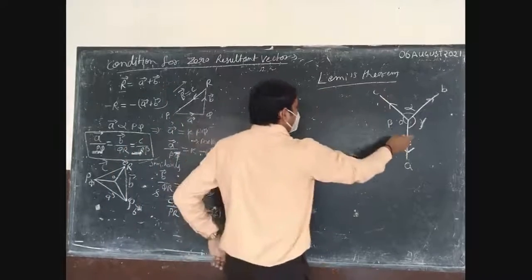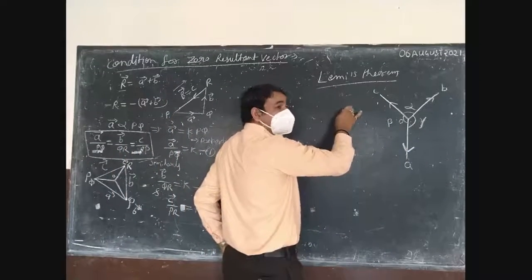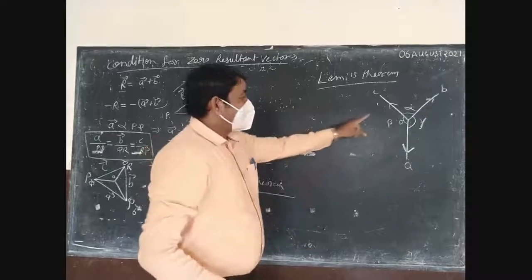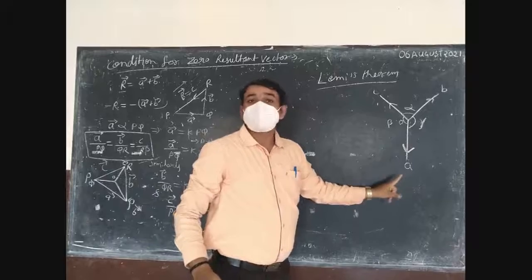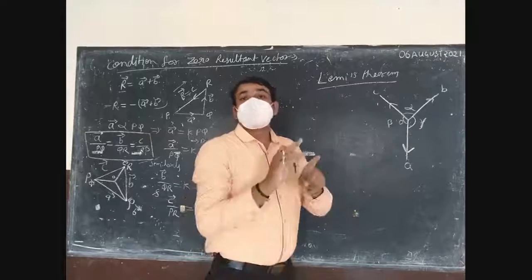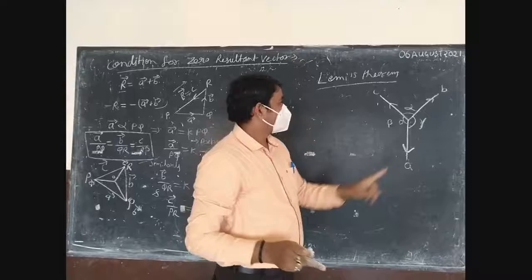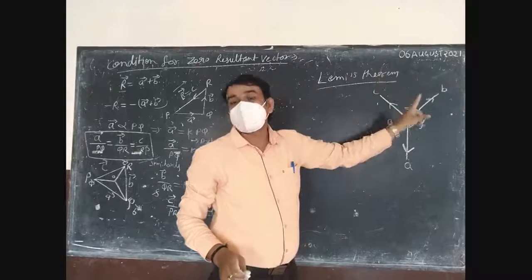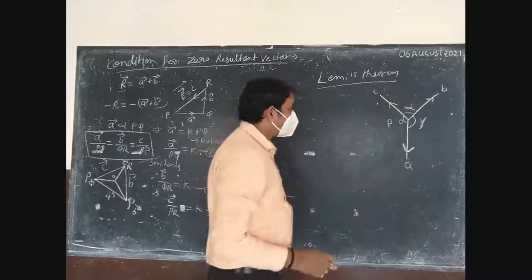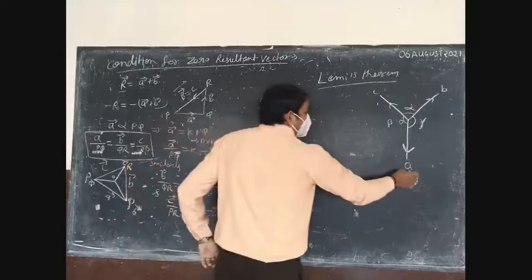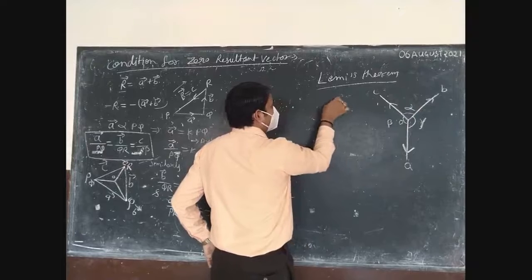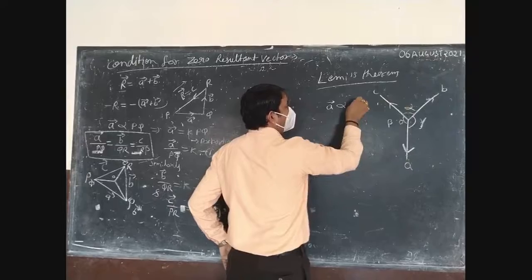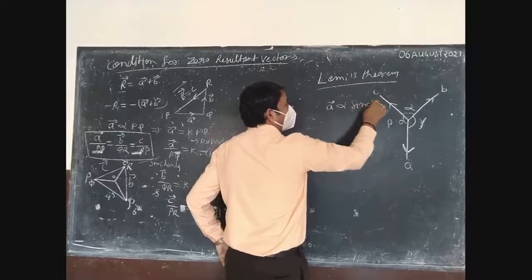Then if the three force vectors act at a single point, every vector is proportional to the sine of the angle between the other two vectors. For example, vector A is proportional to the sine of the angle opposite, that means sine alpha.